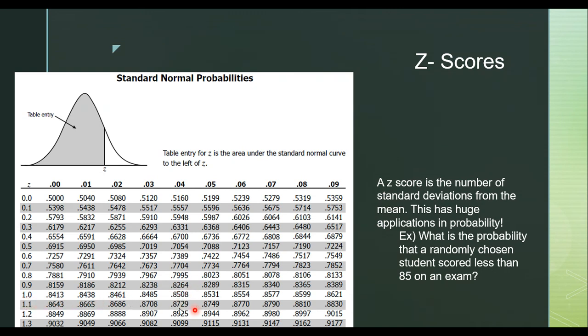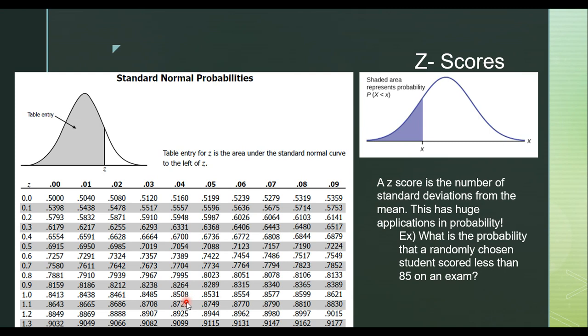So you go over here, you get this value, and I forget what you do after, but I think you plug it into a formula or something like that, and it will help you figure out the probability that a randomly chosen student out of a class of 38 got an 85 on the exam or not. So the shaded area represents probability, right? The z-score represents that probability.